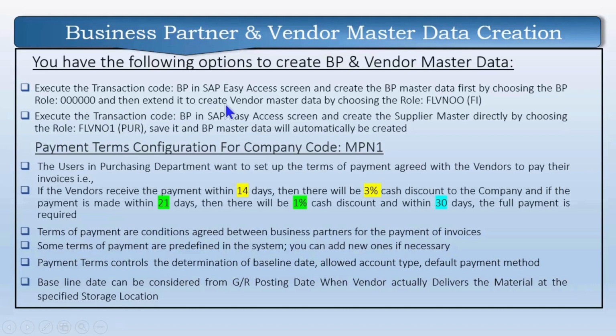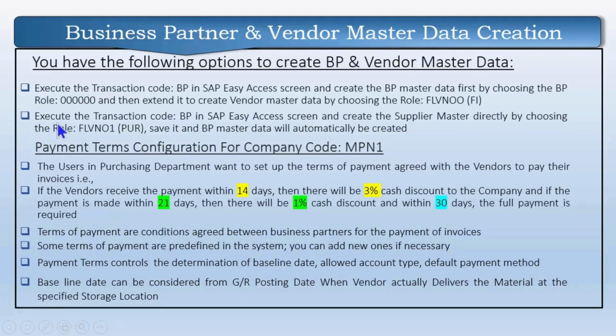Then extend it to create vendor master data by choosing the role FLVN00. This is the finance role. So we'll create first the business partner general data role 000000, then extend it to the finance role. That's what we'll be doing.